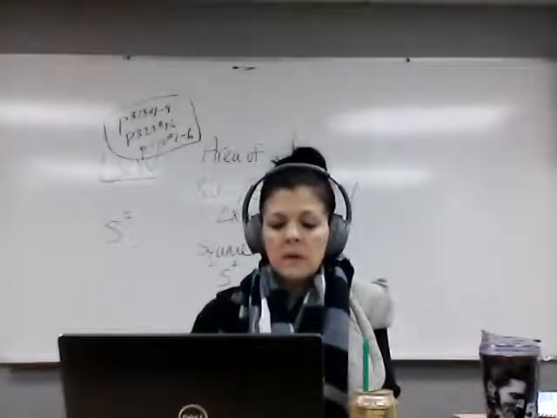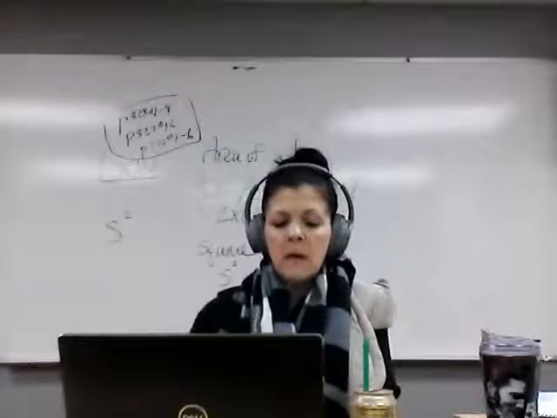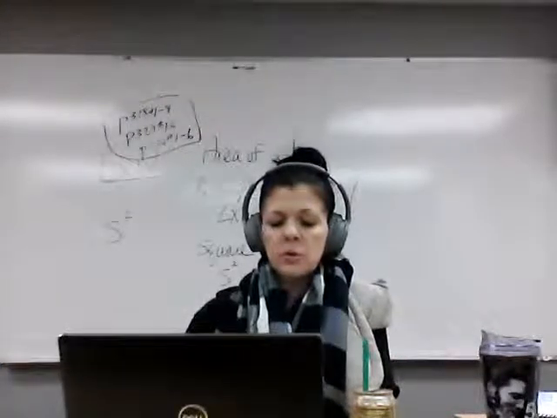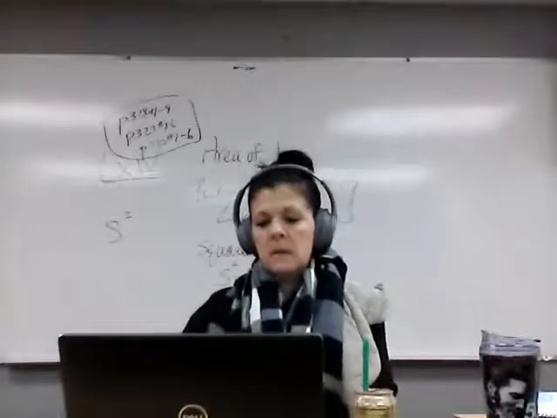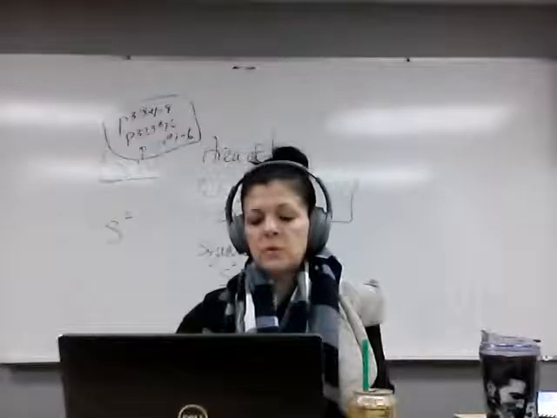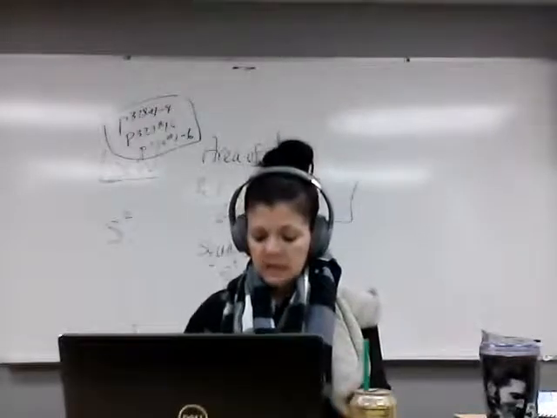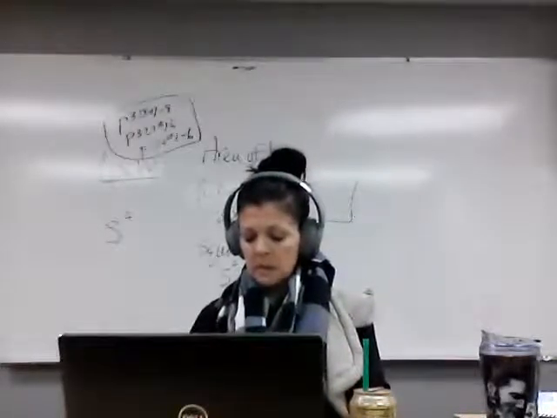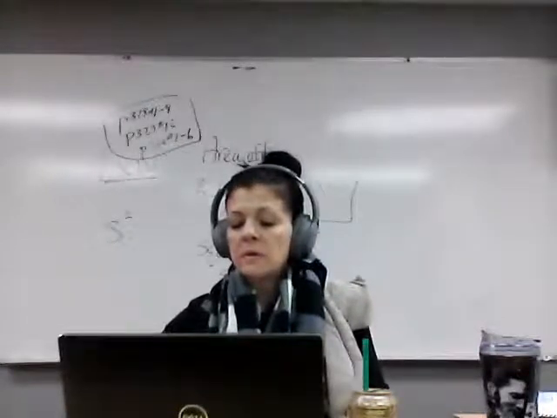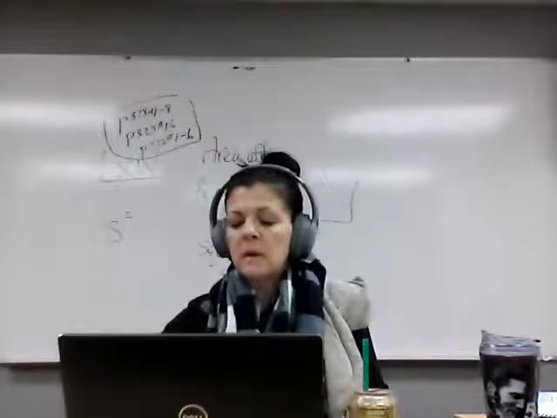So 113, that's our answer for L. Now we want to find surface area, which is L plus 2B. So S equals 113 plus 2 times, now what's the area for a circle? I told you, yes, pi r squared, good.